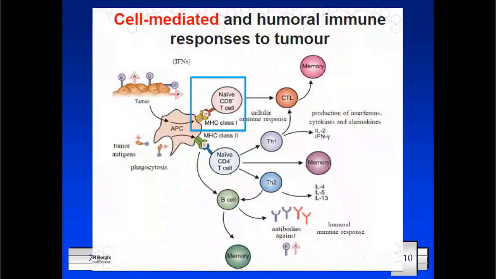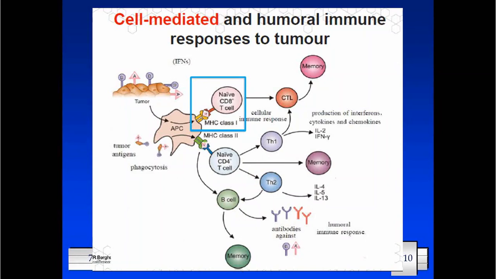This figure shows the general concept of immune response against tumor, talking broadly about the humoral and cell-mediated arms of the immune response, starting with cell-mediated immunity represented by the cytotoxic T lymphocytes.